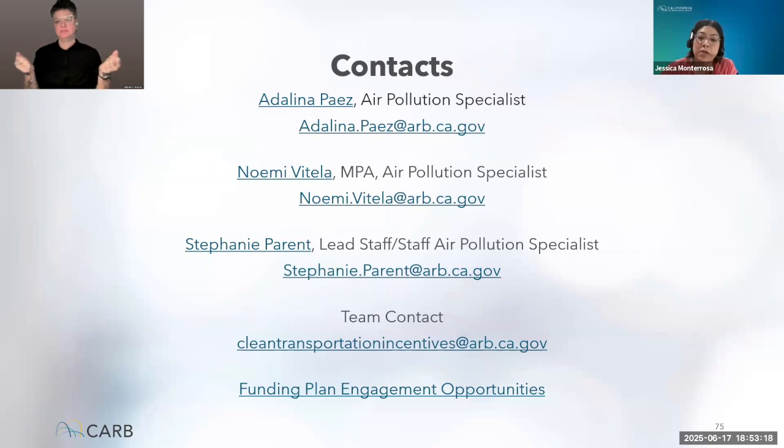Before we end, I also like to remind everyone that we have an open door policy, especially for those most affected by our incentive programs. We encourage you to contact us to request meetings with staff and discuss your needs, concerns, and potential solutions. We have an online form to request a one-on-one meeting.